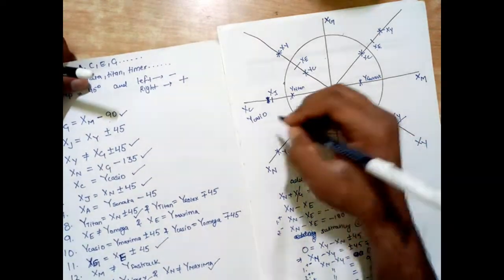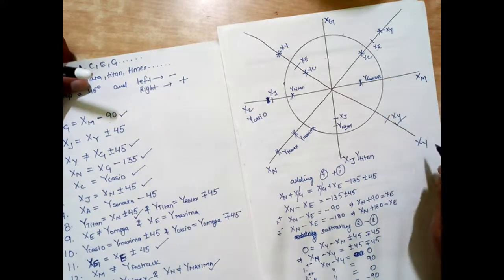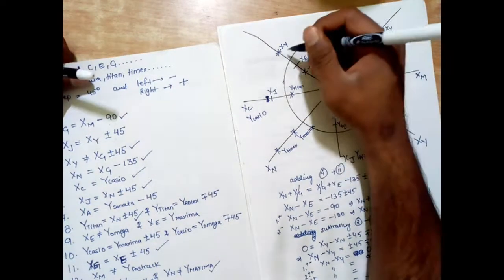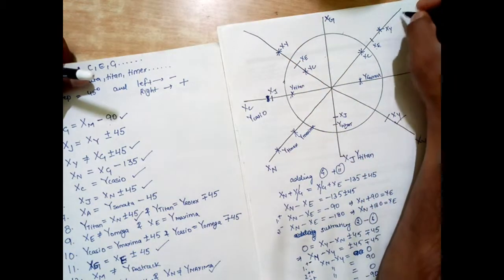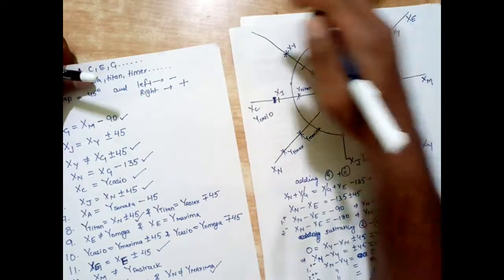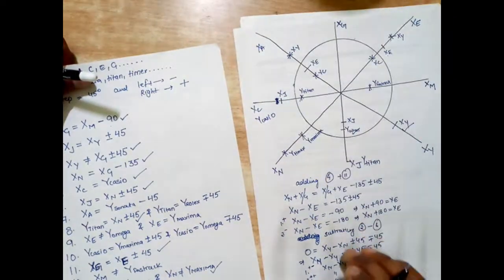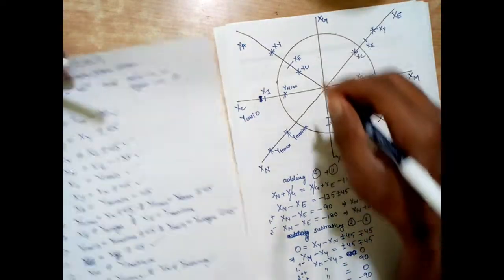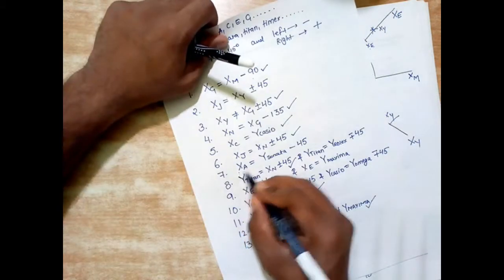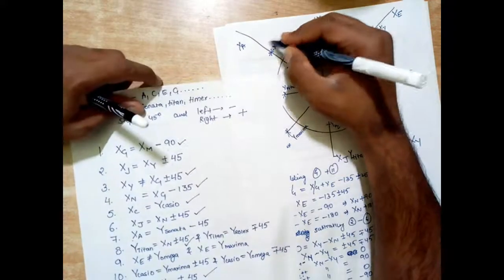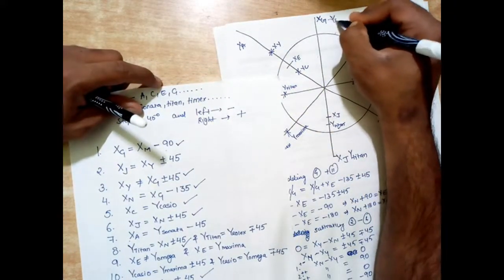Once done, we can say that if this is XY and this is not XY, then probably this is going to be XC, because this needs to be XA. And from this equation we can see XA is Y Sonata minus 45. This means over here XG is going to be Y Sonata.